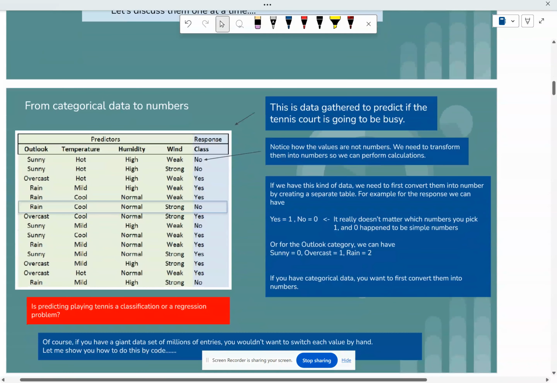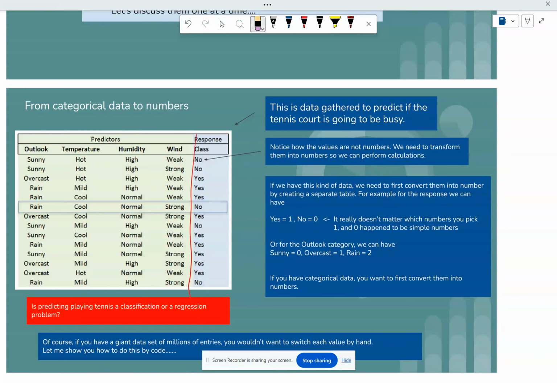So sometimes our data are not numbers. Over here, these are the data, and we want to predict whether a person is going to play tennis or not, right? So depending on the weather, we predict the result, yes or no. In this case, since they're not numbers, we cannot do much mathematics with it, and this makes things complicated.